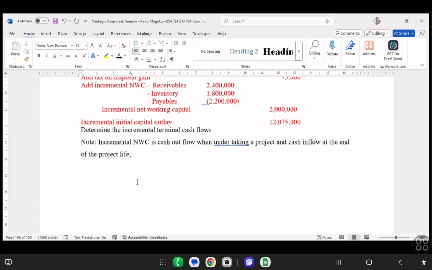We say that salvage value of the new asset, we less salvage value of the old asset.